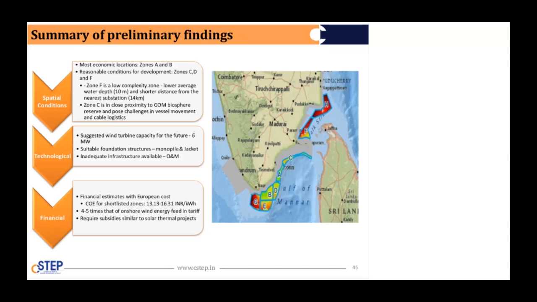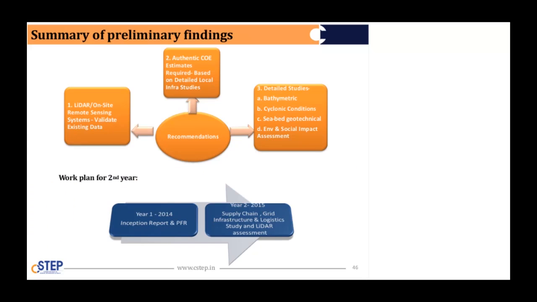The financial findings are that the cost of energy ranges between 13 rupees to 16 rupees per kilowatt hour, which, as I mentioned, is 4 to 5 times that of onshore wind energy. So it requires subsidies similar to wind and solar to catch up.